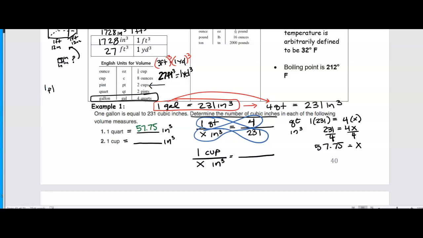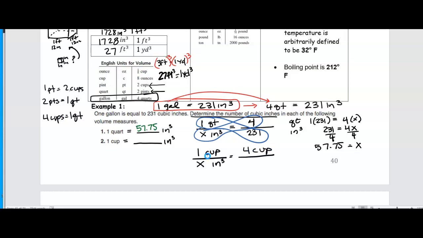So 1 pint equals 2 cups. And then 2 pints equal 1 quart. So if 2 cups are in a pint and 2 pints are in a quart, then that means 4 cups are in 1 quart. So I'm going to come over here and write 4 cups.